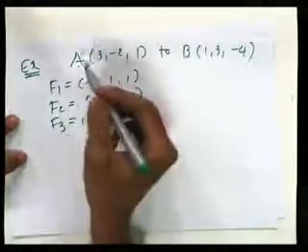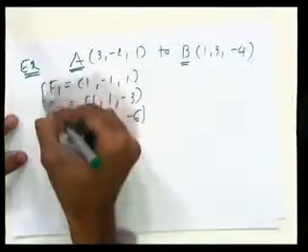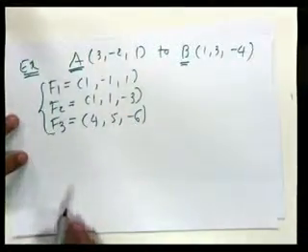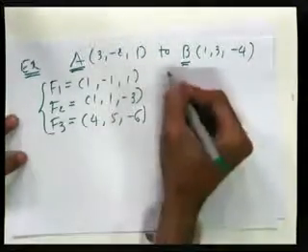A particle is moving from this point to this point under the effect of these three forces, F1, F2 and F3, and we need to find the work done.